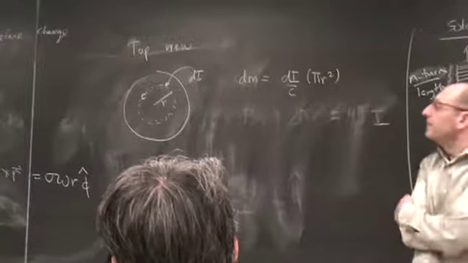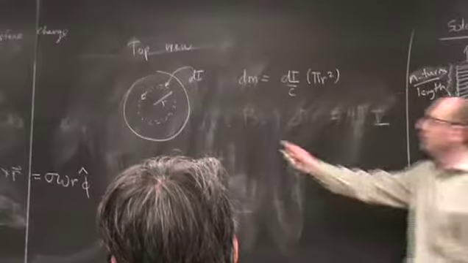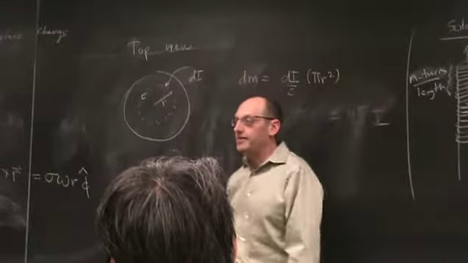So what is dI? Well, it's the current, the charge per unit time flowing around that circle.